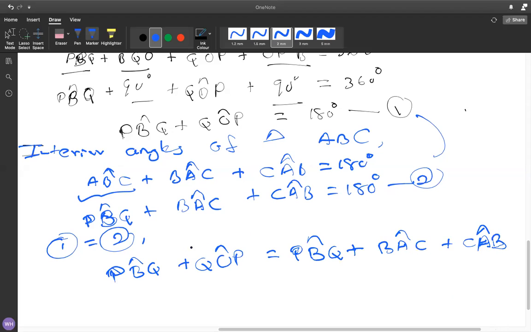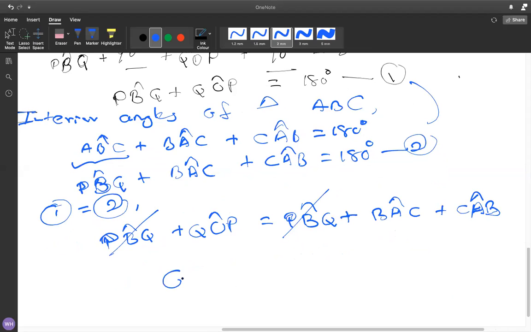All right. So what happens here? You can see that PBQ is common in both of these, so you can cut them out. Finally you will be left with QOP, and it is equal to the sum of angle BAC and ACB.